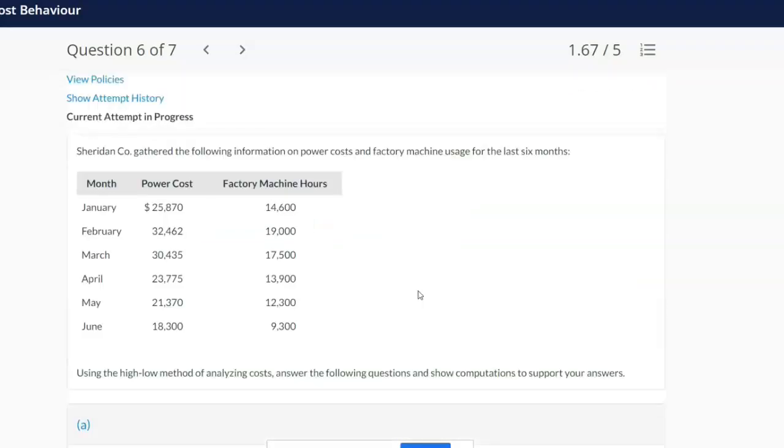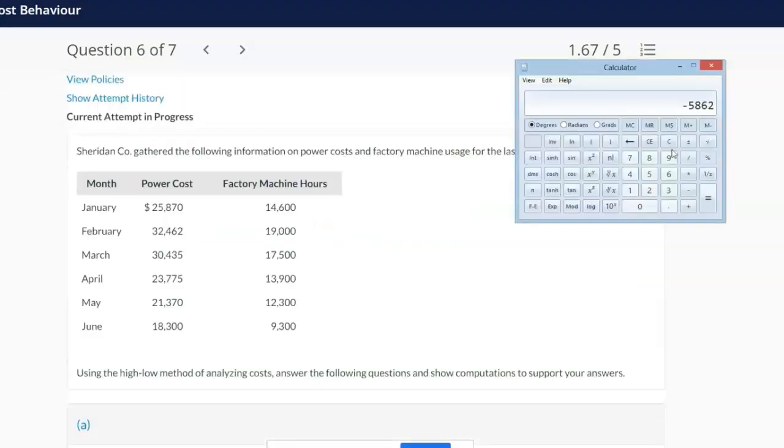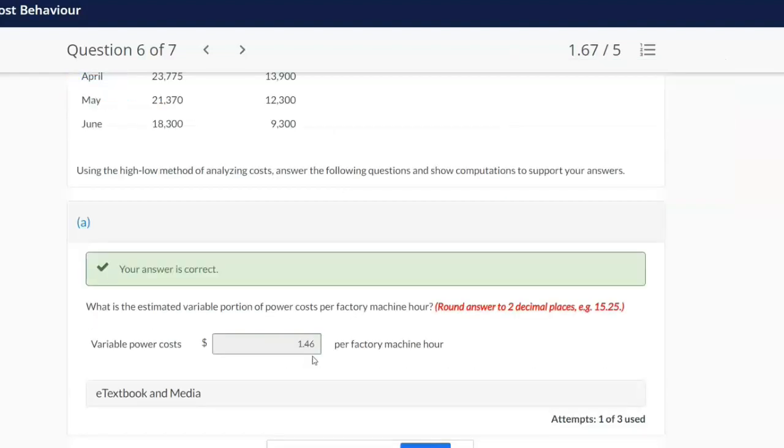All right, now it should be the same at the low. So the total cost at the low is what? 18,300. Now how much of that is variable? No, that's divided.